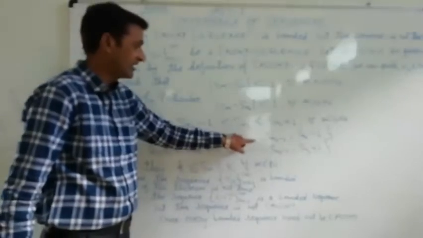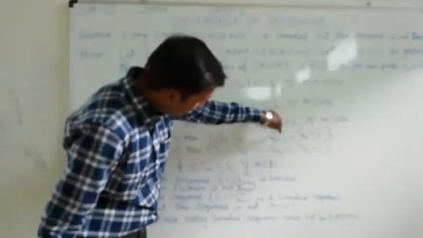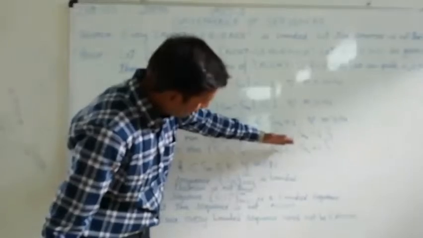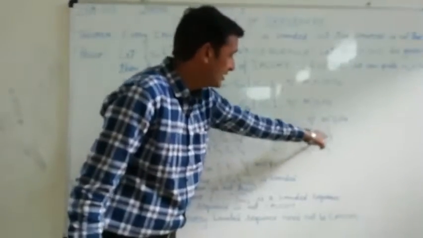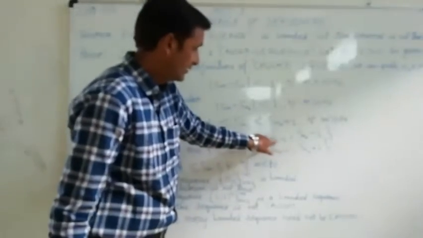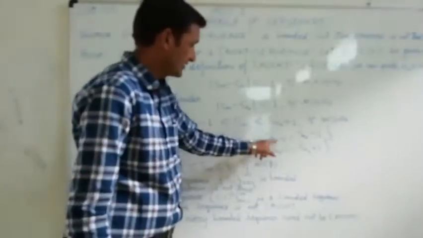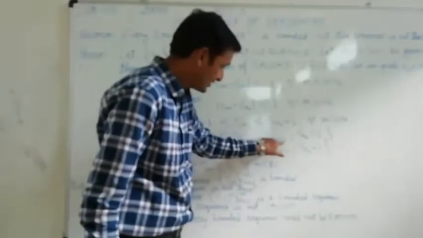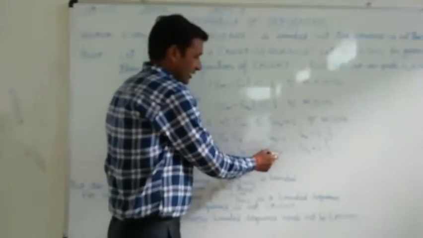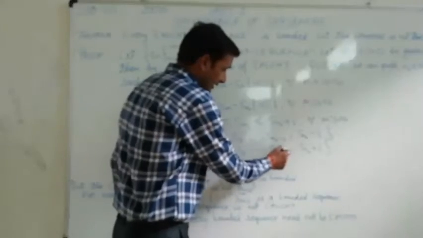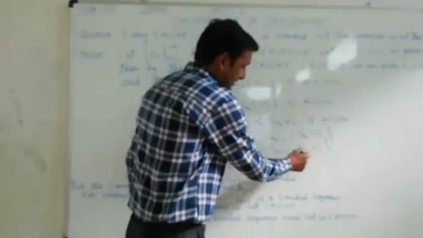So consider that small k is the minimum of S1, S2, S3 and so on up to Sn0 minus 1 in subscript, comma Sn0 minus 1. And here capital K is equal to the maximum of S1, S2, S3 and so on up to Sn0 minus 1 in subscript, and then comma Sn0 plus 1.